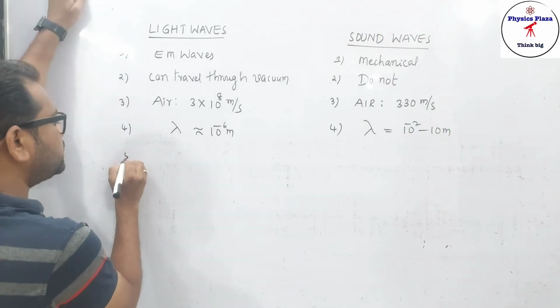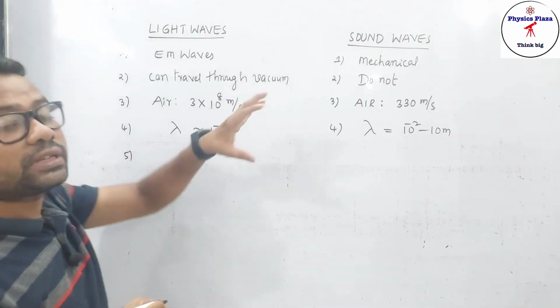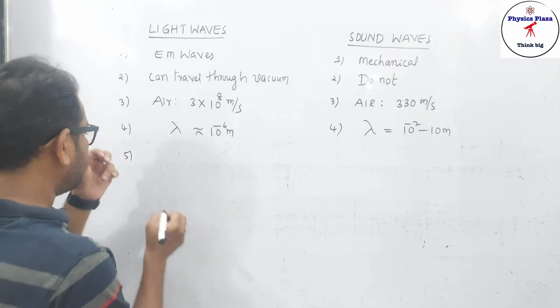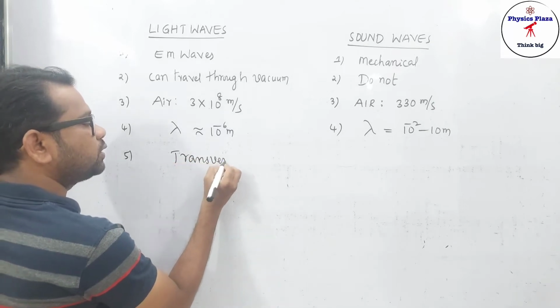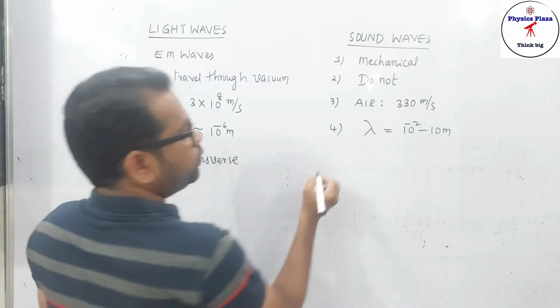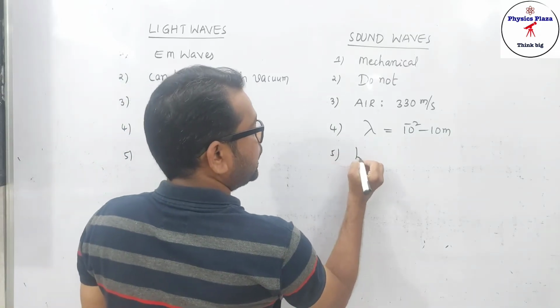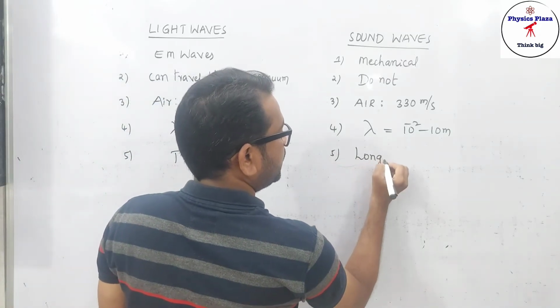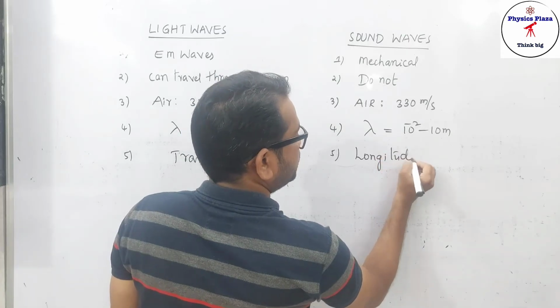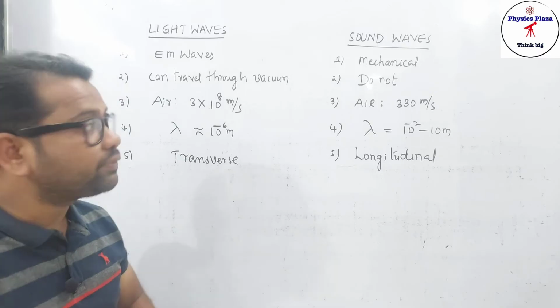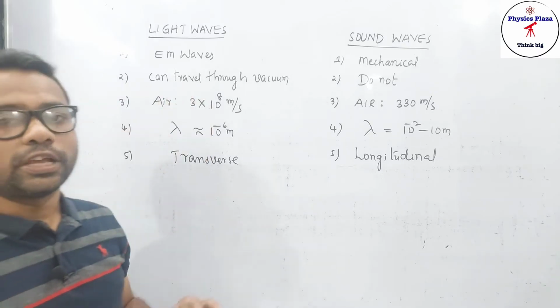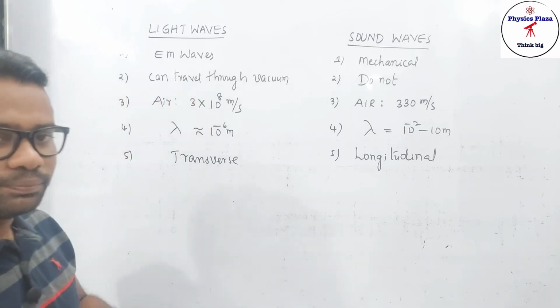The last point to be remembered regarding light waves is the nature, children. Light waves are transverse in nature, whereas sound waves are longitudinal in nature. So these are the important differences between light waves and sound waves. Just copy it, then we'll proceed.